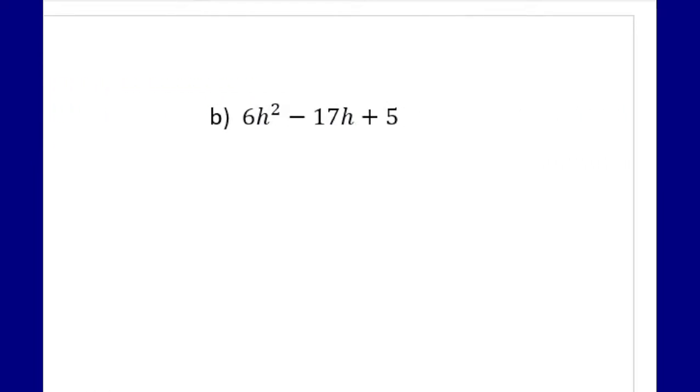Let's look at B. Same idea with B, even though we have different letters. It's still a trinomial. It still fits the form for a tricky or complex trinomial. So we're looking for two numbers that multiply to give me the product of A times C, or 6 times 5, which in this case is 30, and they add to give me the middle number, or B, which is negative 17.